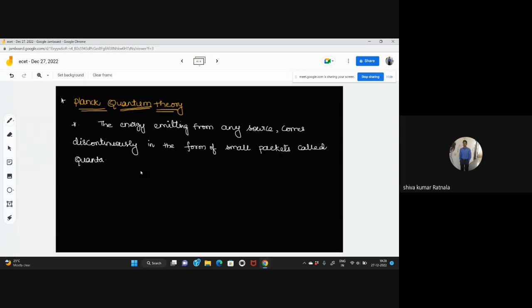If this is the source, it will come like this. This is one quanta, this is one quanta, this is one quanta, like this. These are small energy packets, which are also called quanta.